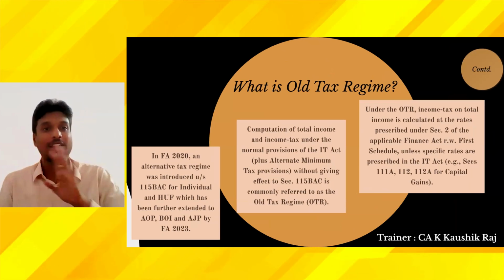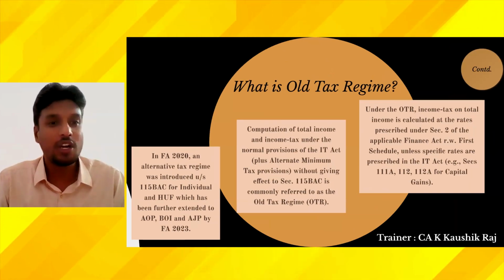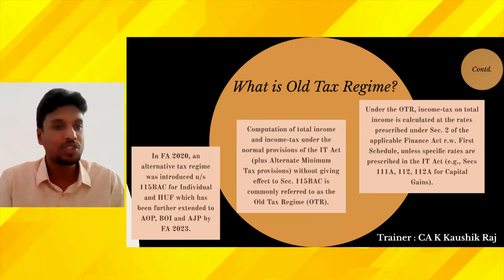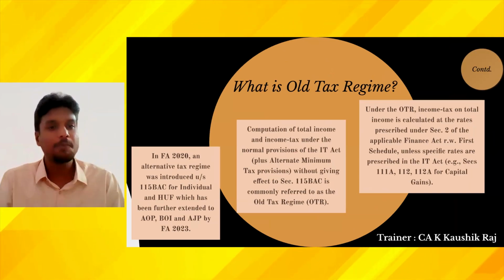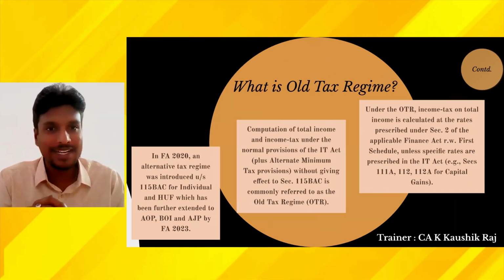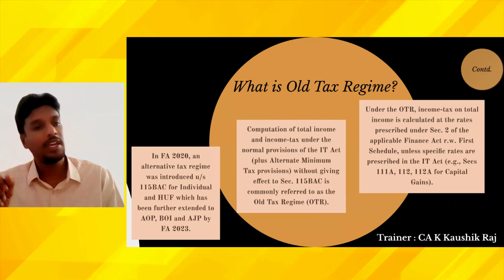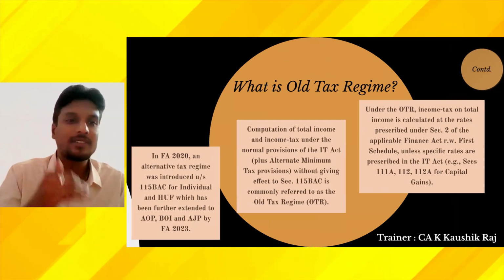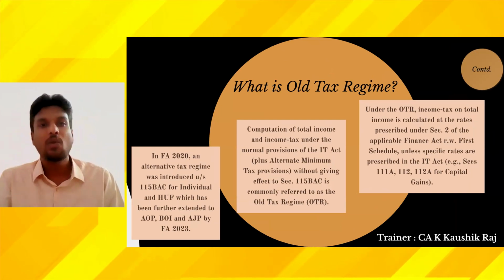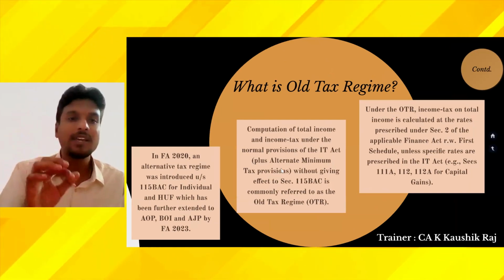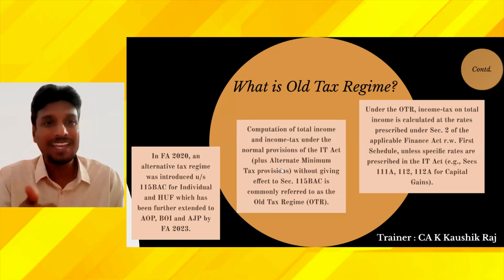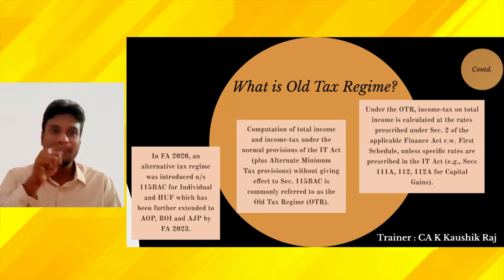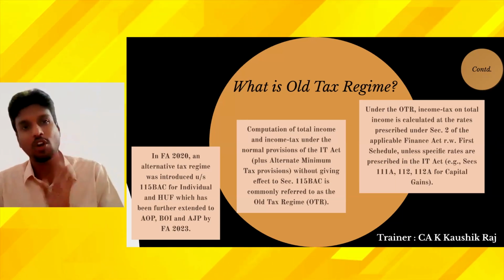What is the old tax regime? Quickly to summarize, the alternative tax regime was introduced under 115BAC, which was further extended to artificial juridical persons, AOP and BOI. Apart from this, what is being followed without giving the effect of 115BAC is called the old tax regime.